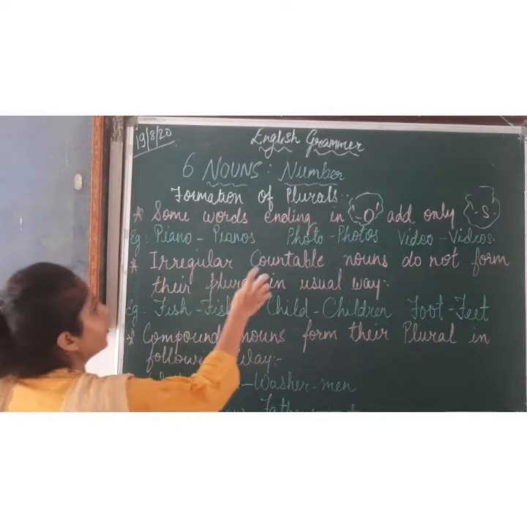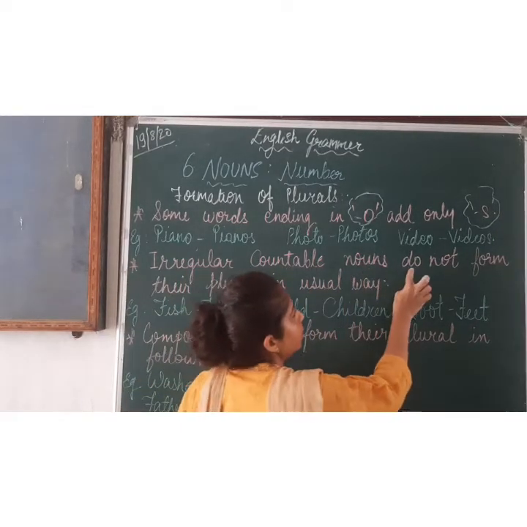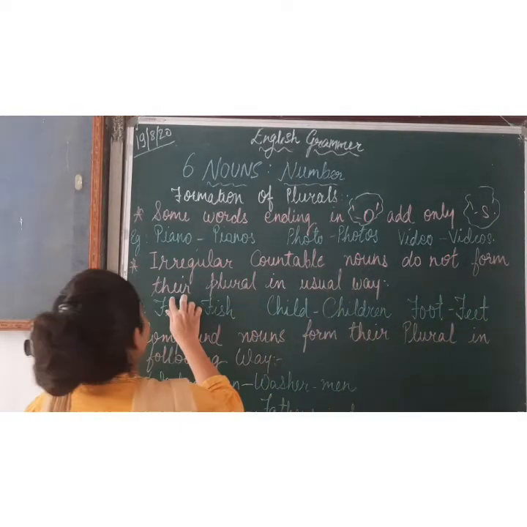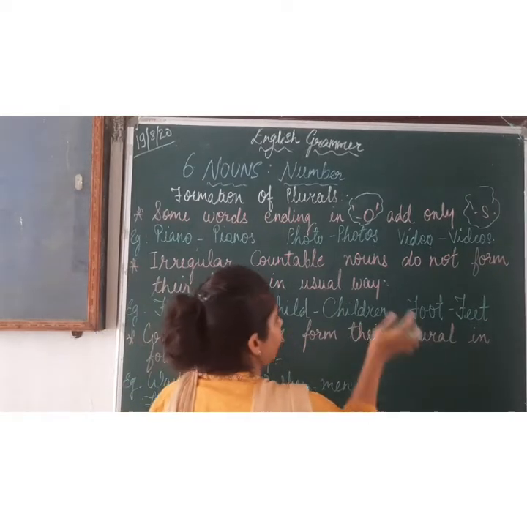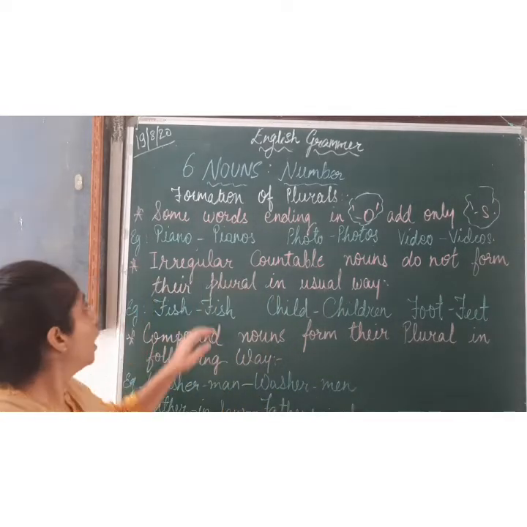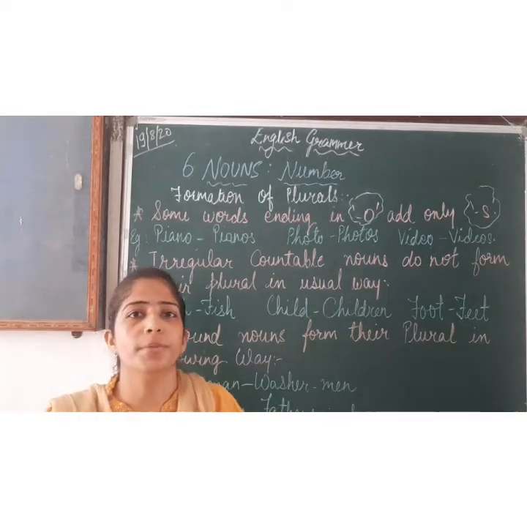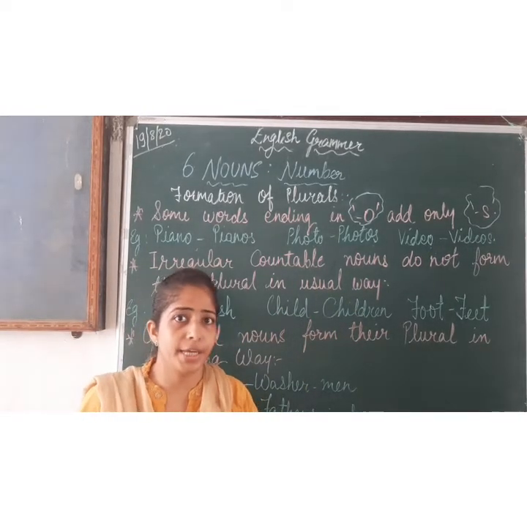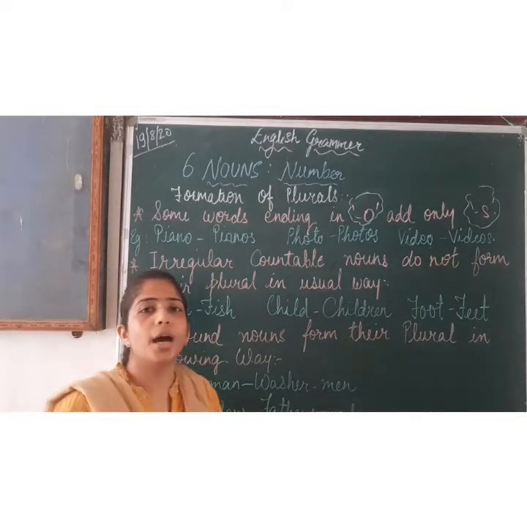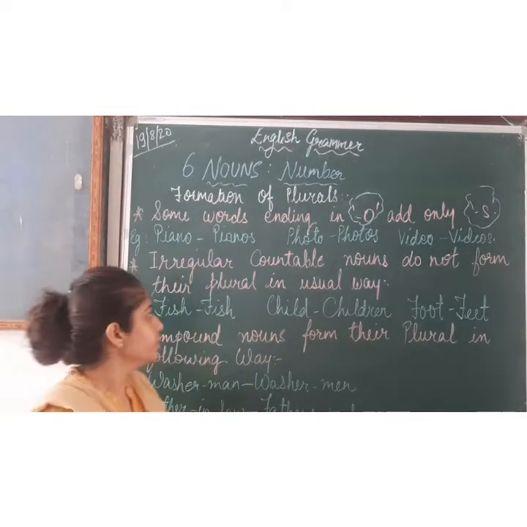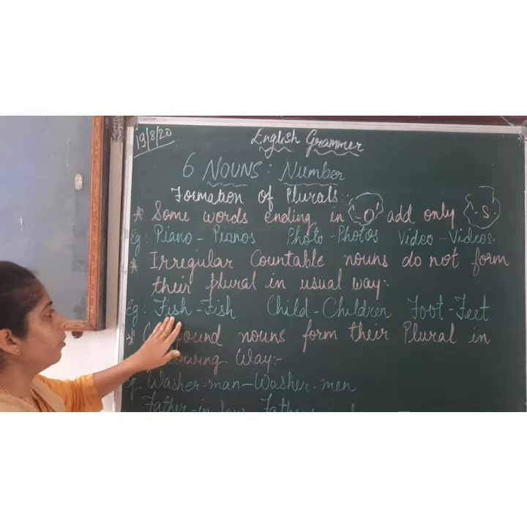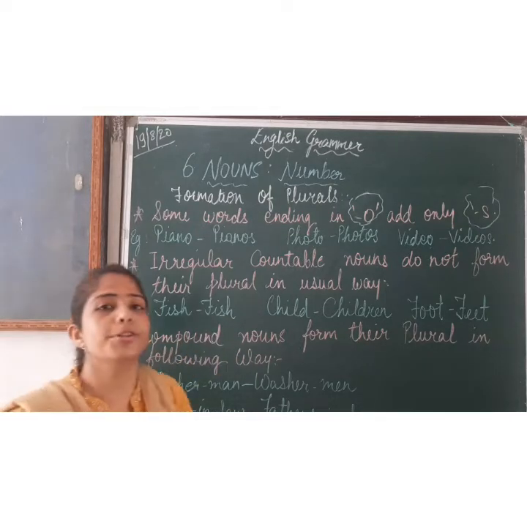Now irregular countable nouns do not form their plural in the usual way. The irregular countable nouns form their plurals in other ways. Like, see the examples. For fish, it will be fish only.